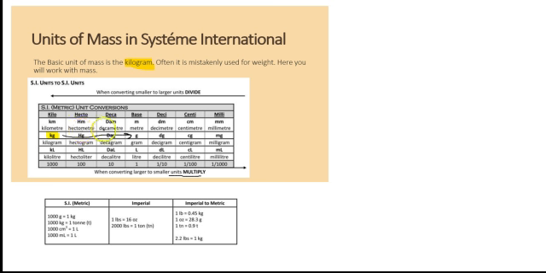So if I go from kilograms to grams, I'm going 10, 100, 1,000 that I would multiply from. So there are 1,000 grams in 1 kilogram. And you'll notice that that is right here as well: 1,000 grams in 1 kilogram.